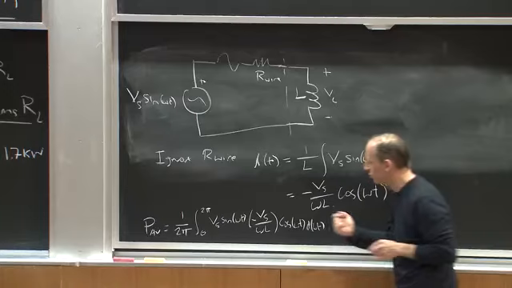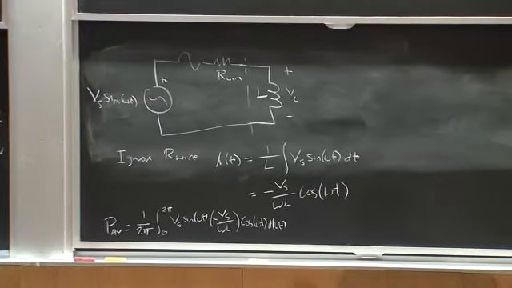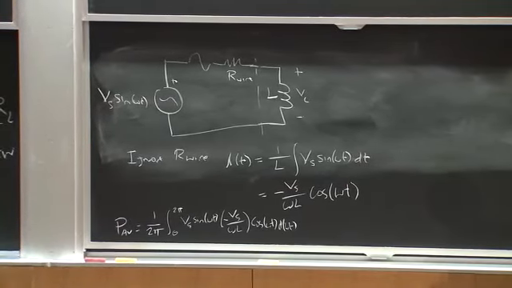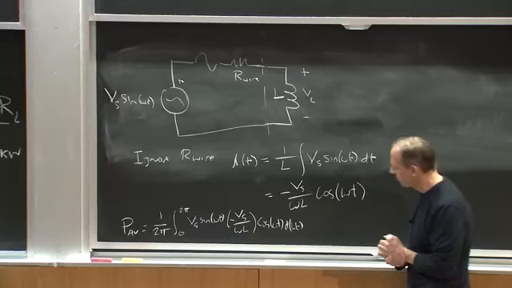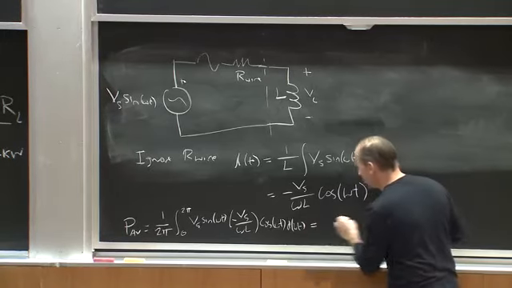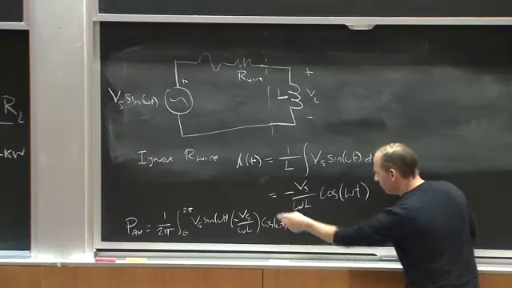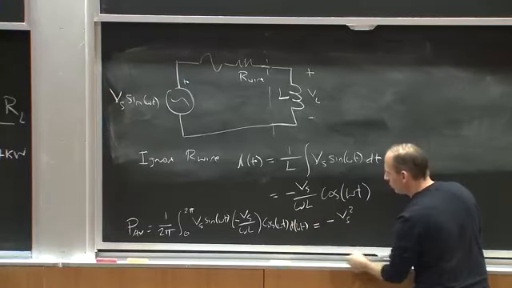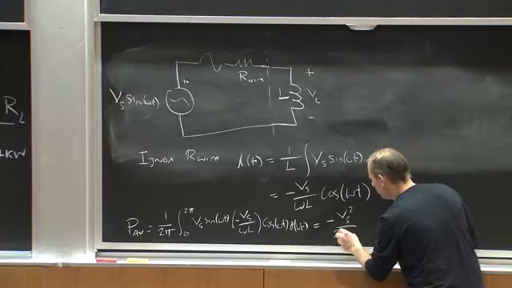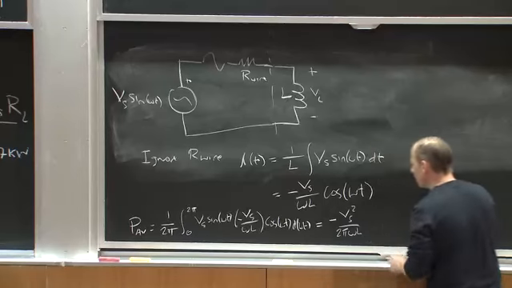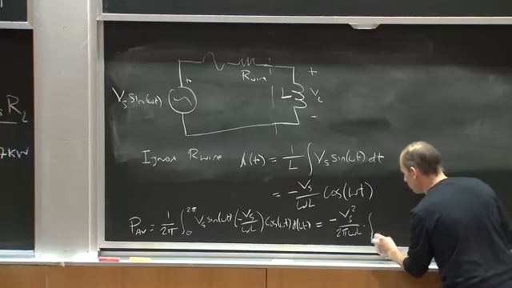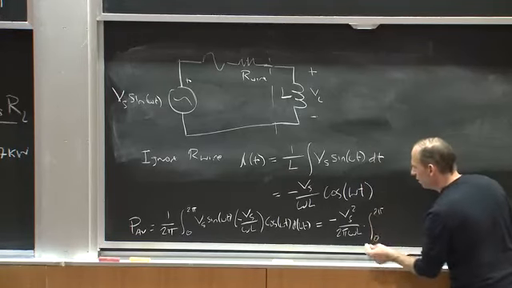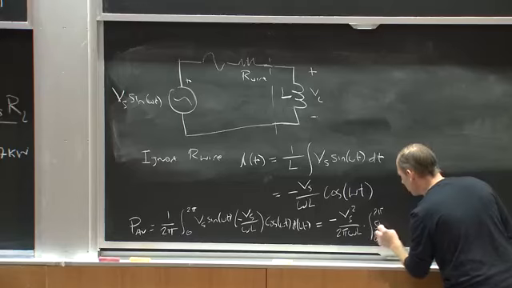I just did my average in angle instead of in time. Okay? Well, what does this work out to be? Well, this is minus Vs squared over 2 pi omega L times the integral over 2 pi of sine omega t cosine omega t.